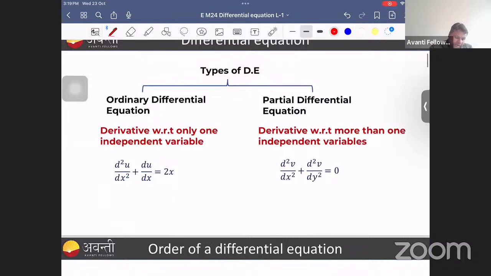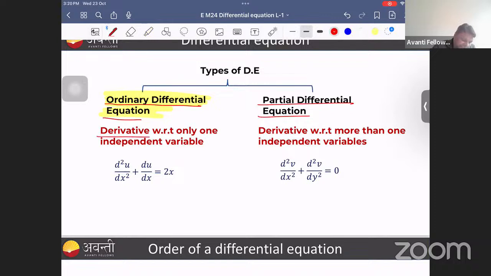So now we have two kinds of differential equations: one is the ordinary differential equation, and one is the partial differential equation. The only one of my concern and in our syllabus is the ordinary differential equation. Got it?